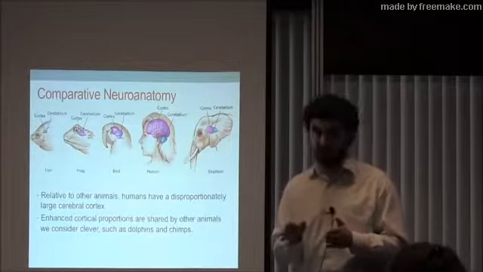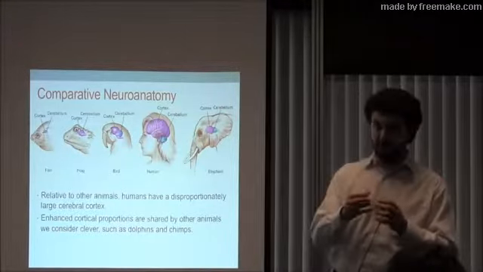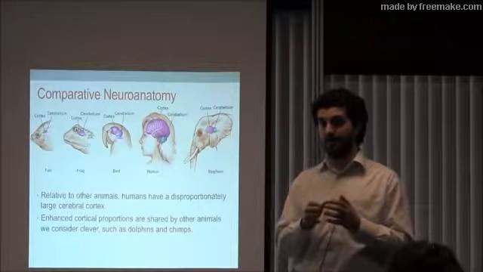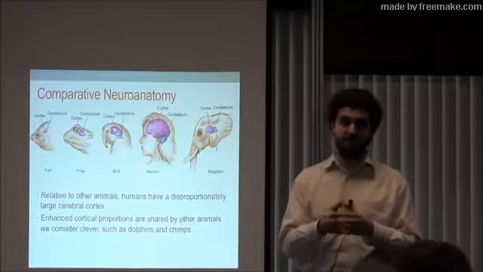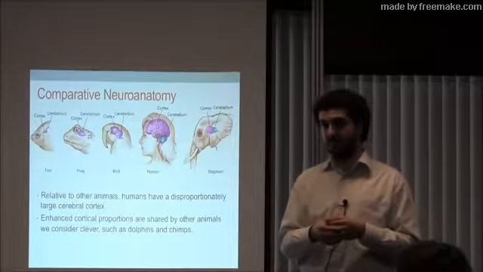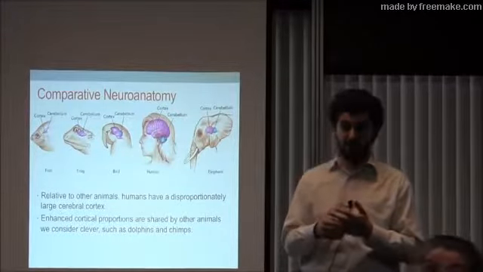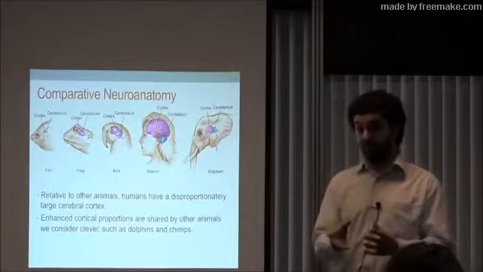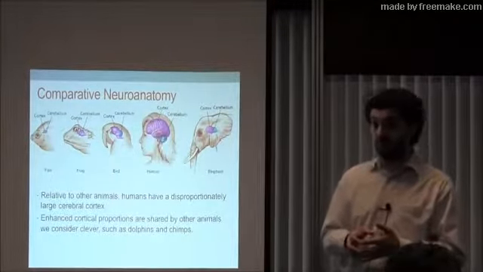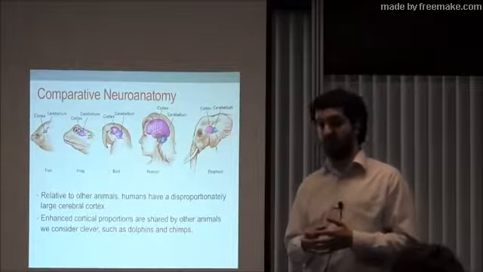Not like humans, but they definitely possess some functions that really differentiate them from other species, such as dolphins and chimpanzees. These are considered high order animals because they have, relatively speaking, larger cortices that enable them to possess higher cognitive power.